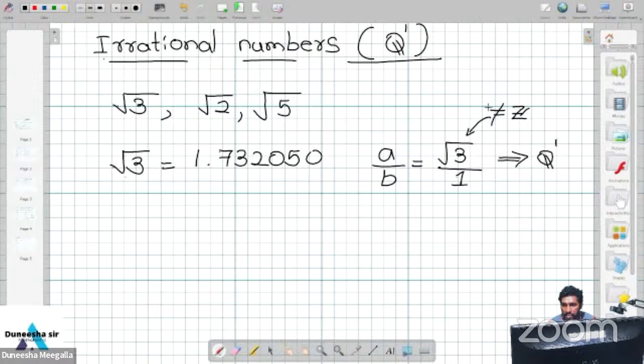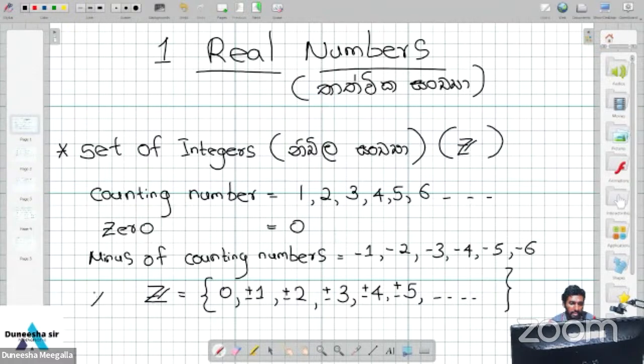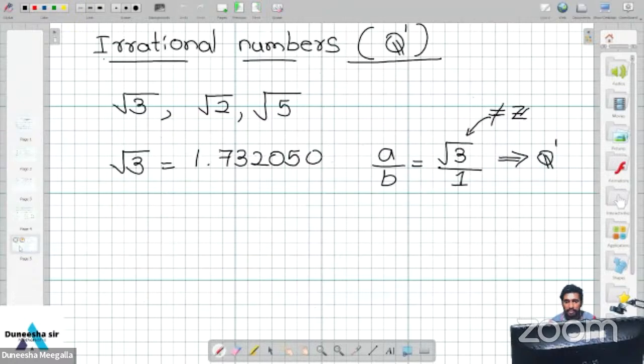What is the number on top? We call it the numerator. Is the numerator a Z? What did we take for Z? Z is positive or negative counting numbers. Is it? Yes, root 3 is not an integer.